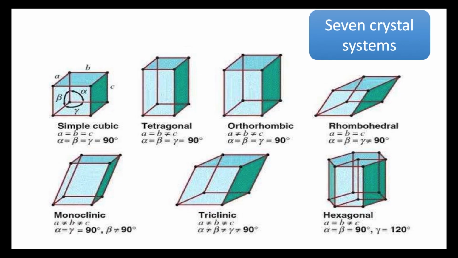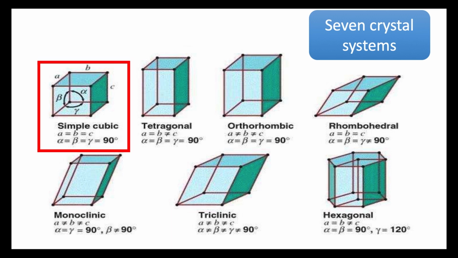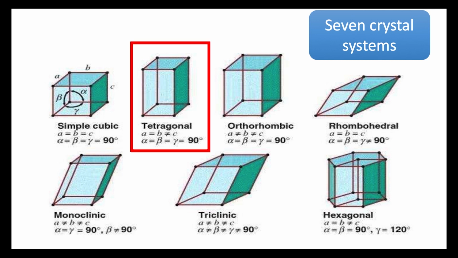Say, if all the 3 unit cell distances A, B and C are equal and the angles alpha, beta and gamma all are equal to 90 degrees, it is called a cubic crystal. If the angles alpha, beta and gamma are equal to 90 degrees, but 2 unit cell distances A and B are equal to each other and C is different, then it is a tetragonal crystal.